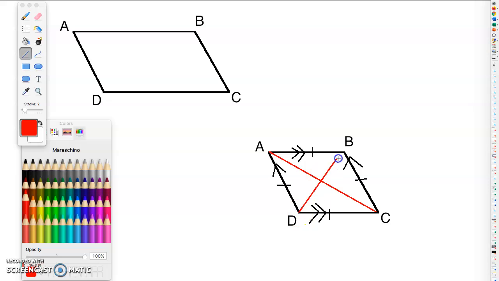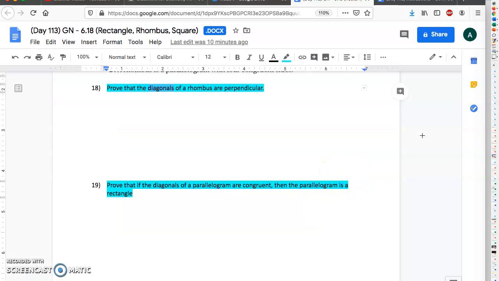This would be the other diagonal. And number 18 is asking you to prove that these diagonals are perpendicular to each other, or meet at a 90-degree angle. So they're saying to prove that this will be 90 degrees. Okay.